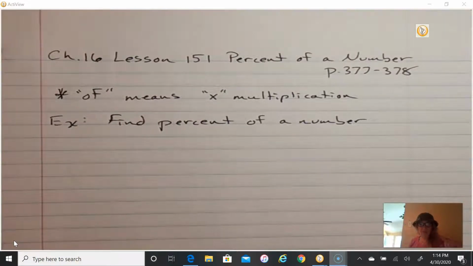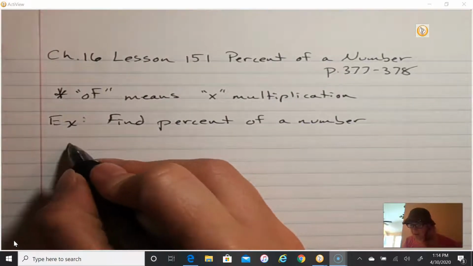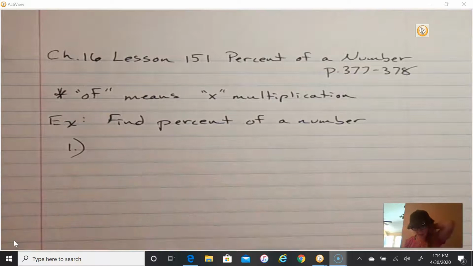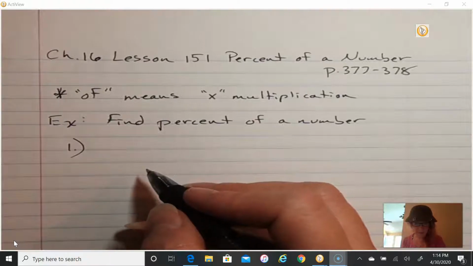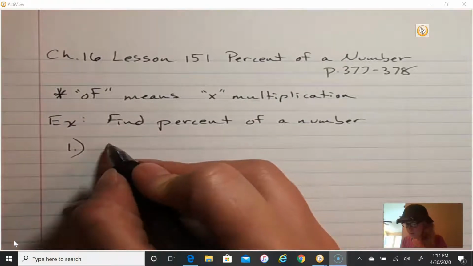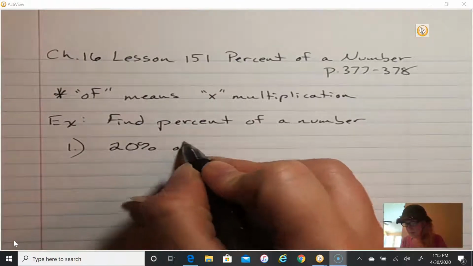Okay, so finding percent of a number. This is how you do it. These aren't in your book, so don't worry. Let's say 20% of 20.